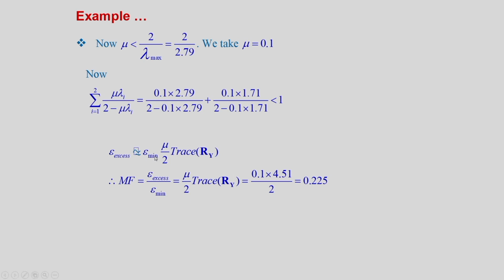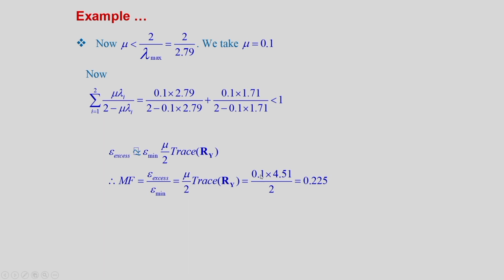So, epsilon min, the Wiener filter mean square error, we can determine from the Wiener filter solution, and this is given by the trace of Ry. So, we can determine the excess mean square error. Now, the misadjustment factor is given by the excess mean square error divided by the optimal mean square error, and that is equal to mu by 2 into trace of Ry.